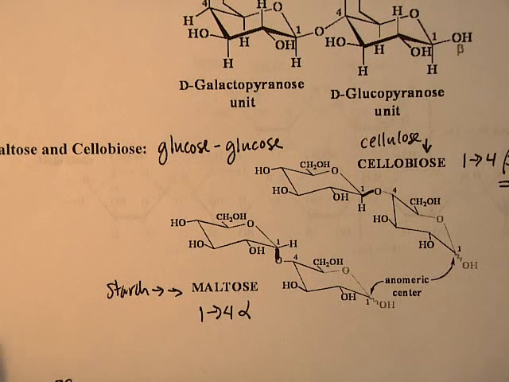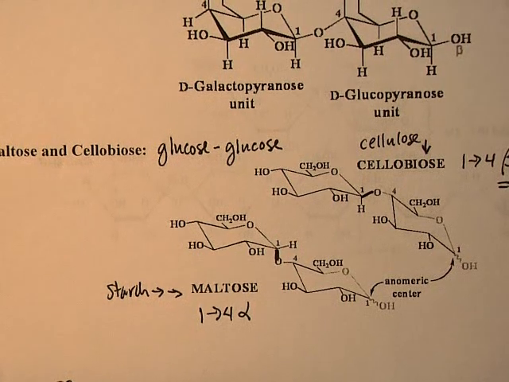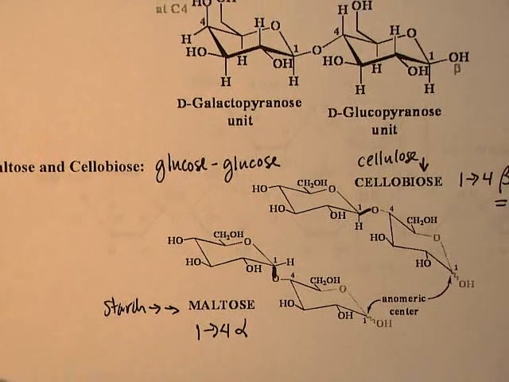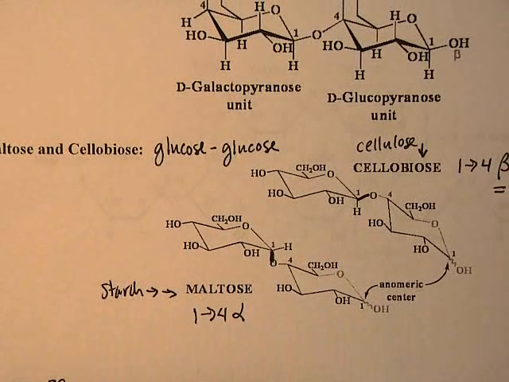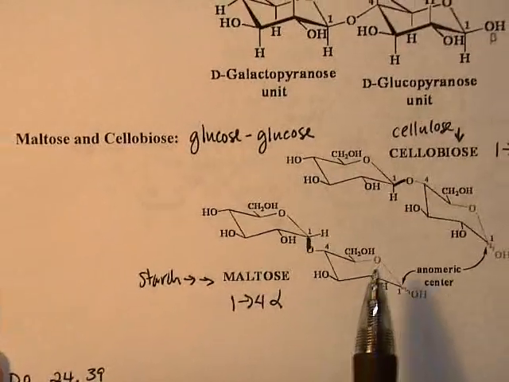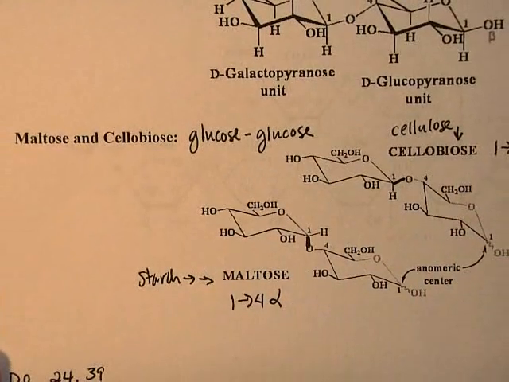All right, so the next disaccharide that we're going to look at is lactose. And you know what? I am going to probably run out of time before I finish lactose. So I'm just going to finish going over this.